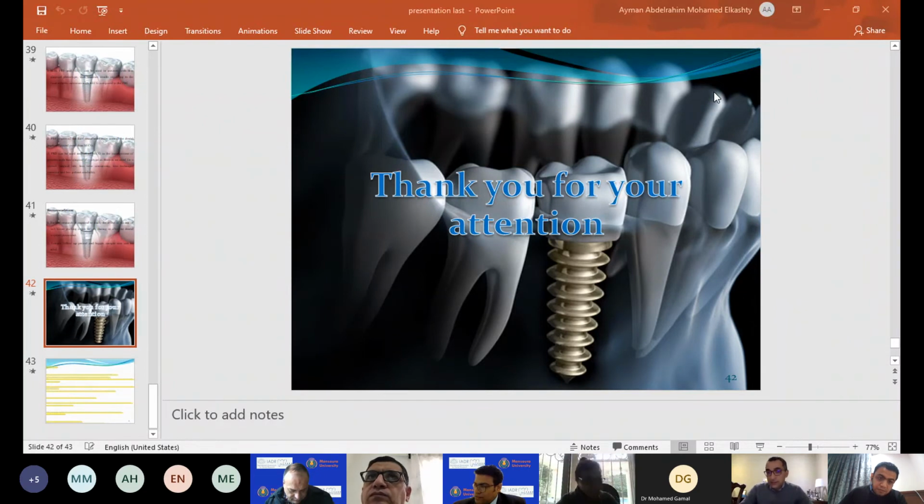I see that this is due to the increase of the thickness of the facial gingiva using subepithelial connective tissue graft more than the PRF, which gave us more adequate attached tissue and more seal around the dental implant. So it reduces the plaque accumulation and reduces the bleeding also, and improves oral hygiene measures that the patient can make. Okay, thank you very much. I have no further questions.